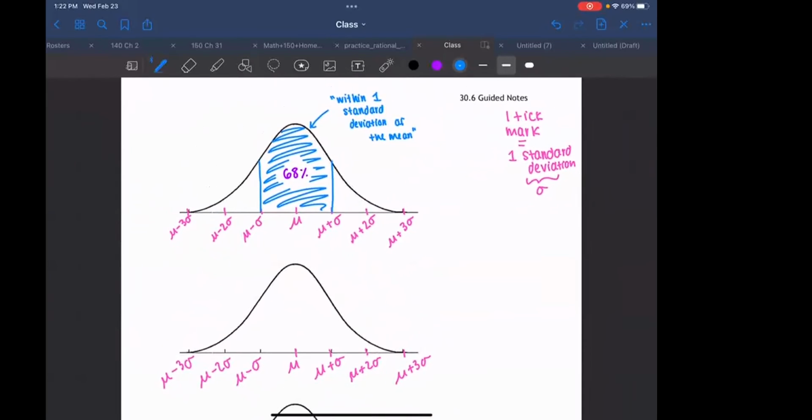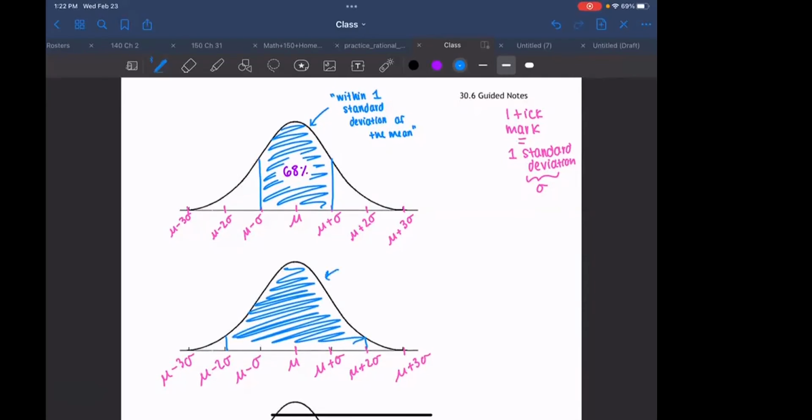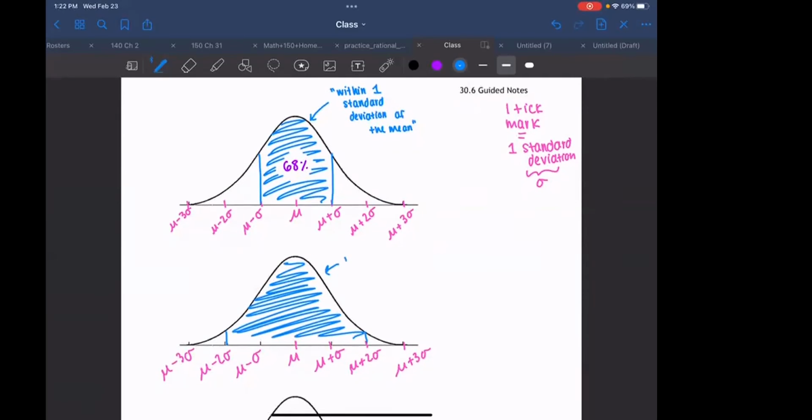I guess you can guess where I'm going here. I'm going to section off the two standard deviations. This shaded area is within two standard deviations of the mean.